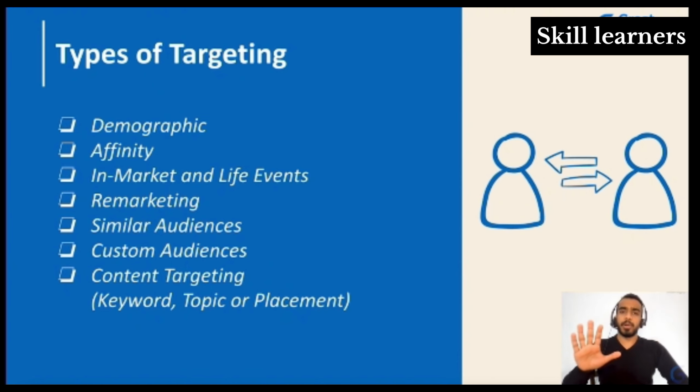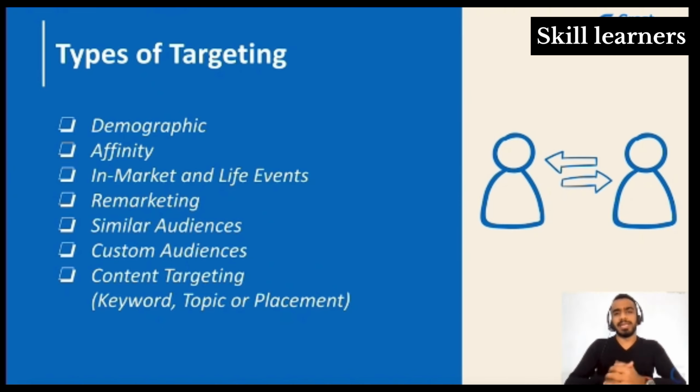The fifth type of audience is similar audiences. What this essentially means is that they are quite similar to your audience. It's quite self-explanatory. If you create an audience list, say you create a list of your purchasers, that is, people who made a purchase in the last 60 days.